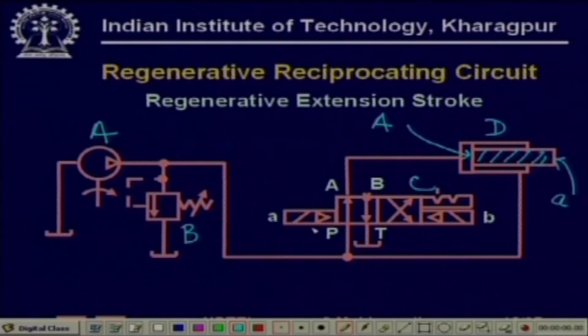So, now what is happening here is look at this, suppose the pump flow here is V, right. So, what is happening is that this part, what is the flow?